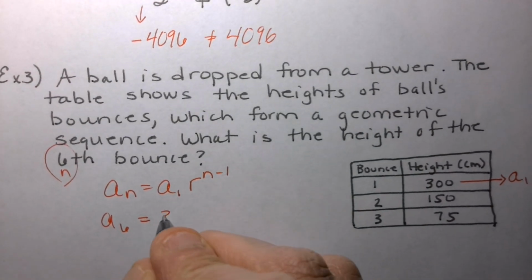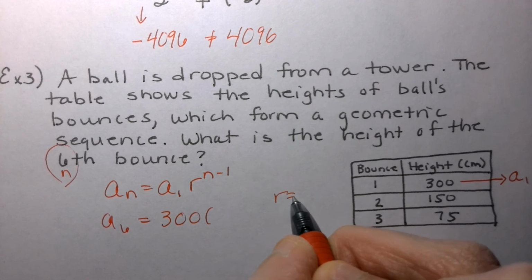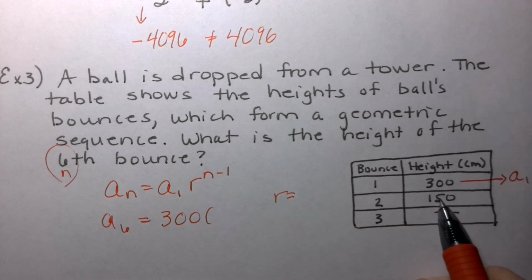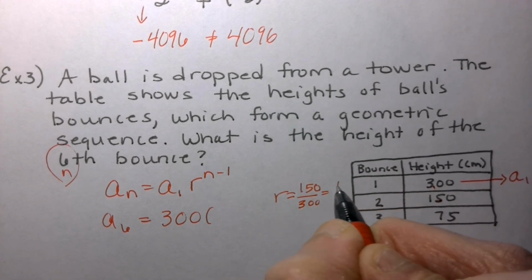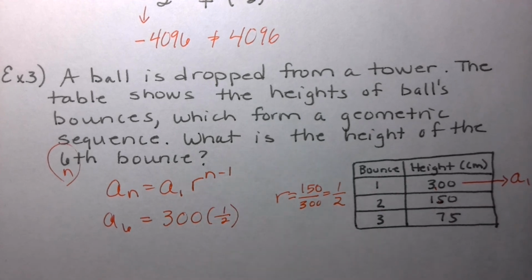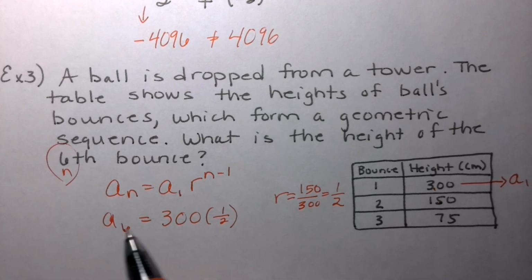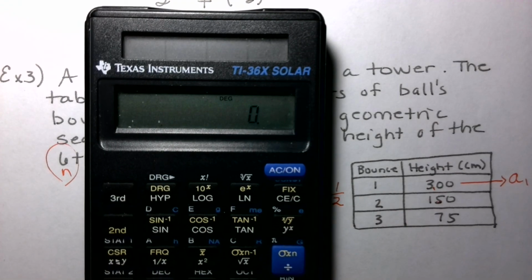So I'll put that in there, 300, times parenthesis, our ratio. Okay, remember ratio. Ratio is taking a value and dividing it by the one previous. So it's 150 over 300, which comes out to a nice half, raised to the n minus 1. 6 minus 1 is 5. So we grab the calculator again, and 1/2 is the same as 0.5.